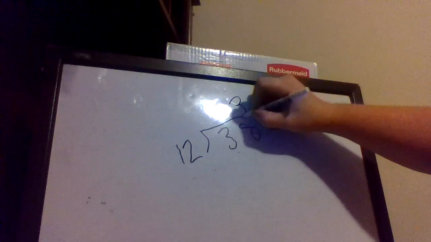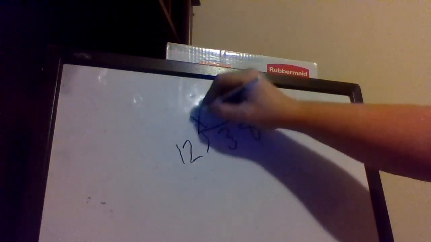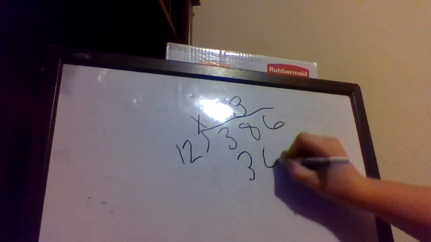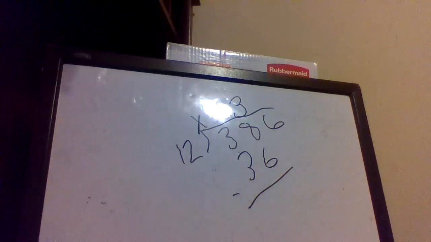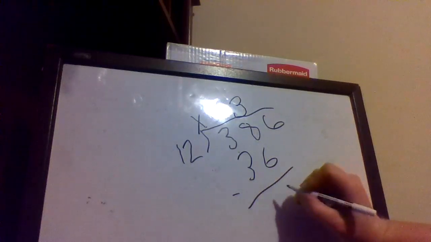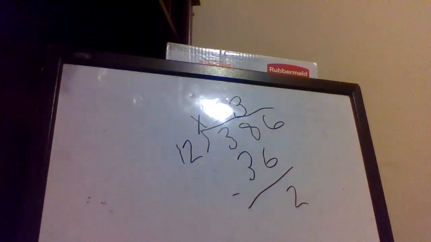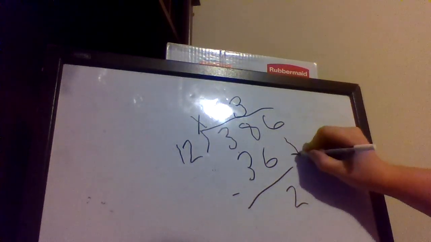So 3 times 12 is 36. Now we subtract. And 38 minus 36 is 2. Then we bring down your 6.